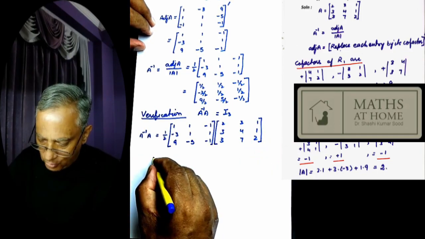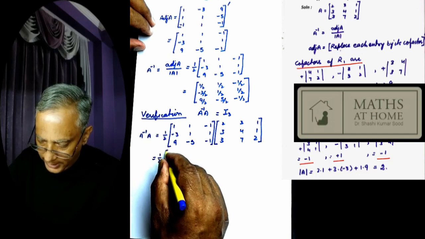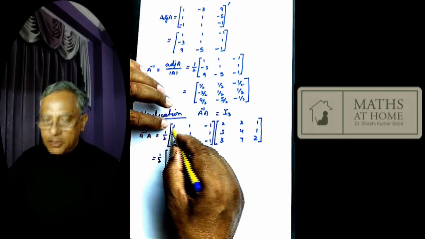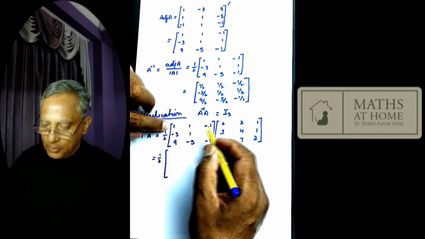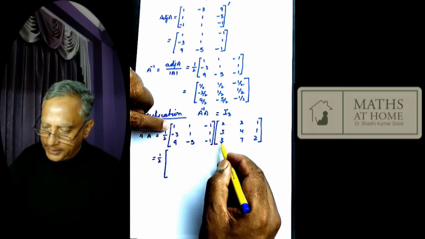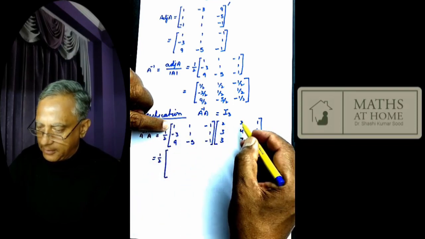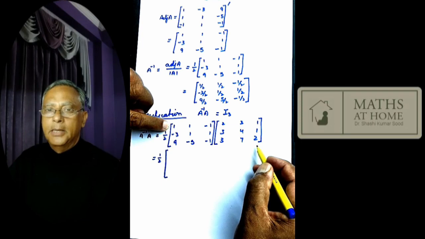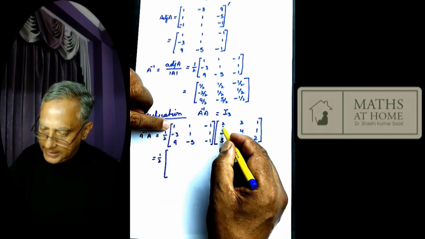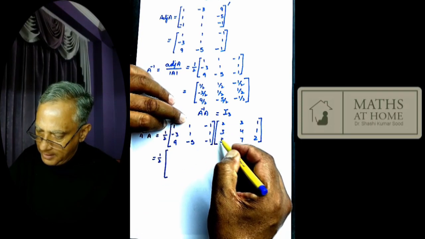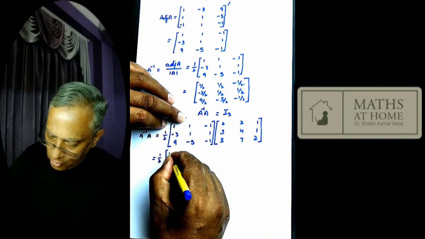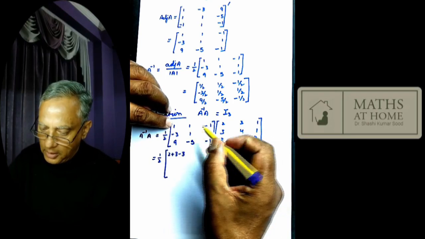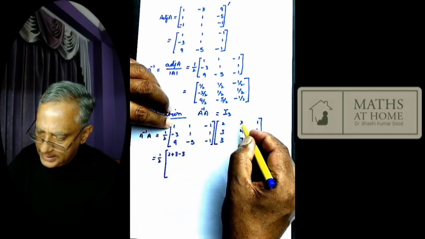So this will be equal to 1 by 2 into. Now matrix multiplication is a row by column multiplication. The first row gets multiplied by the first column, then the second column, and then the third column. So what we get is 2 plus 3 minus 3. Now we multiply this row with the second column.